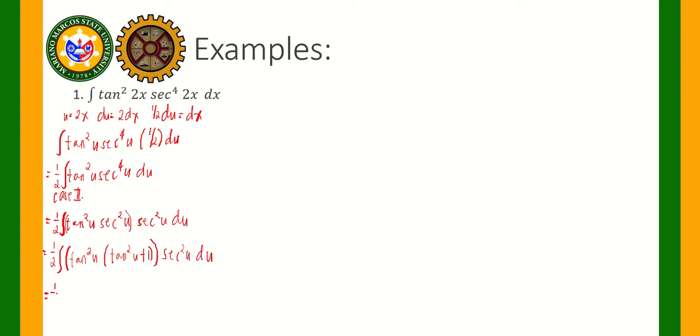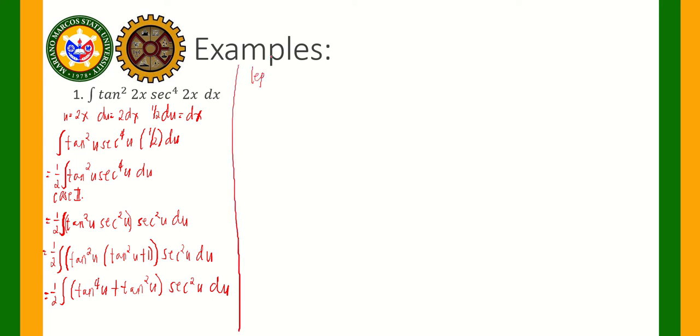So this will be equal to 1/2 times the integral of tangent raised to 4u plus tangent squared u multiplied by secant squared u du. Now, mag-let p tayo ulit. Let p be equal to tangent u.